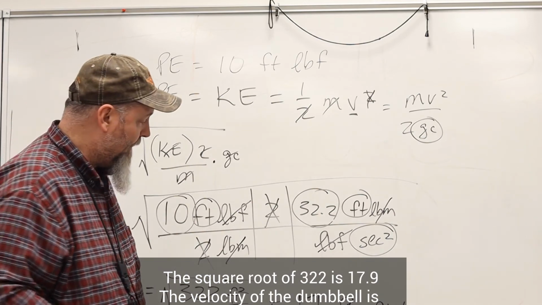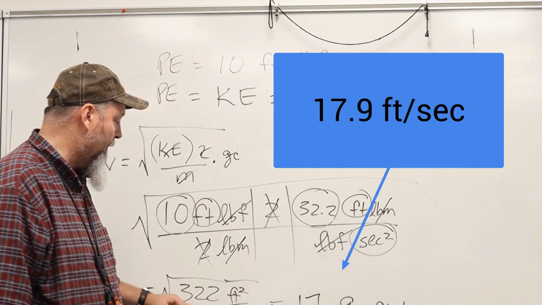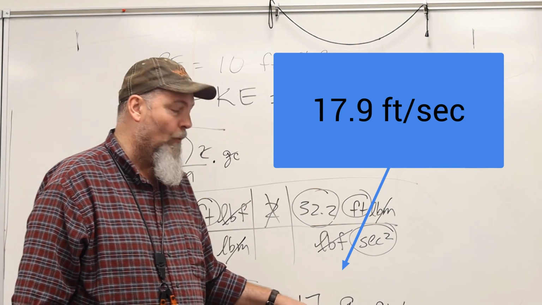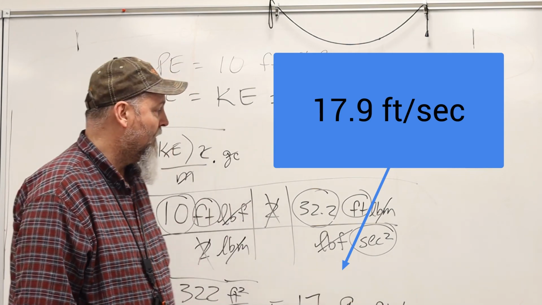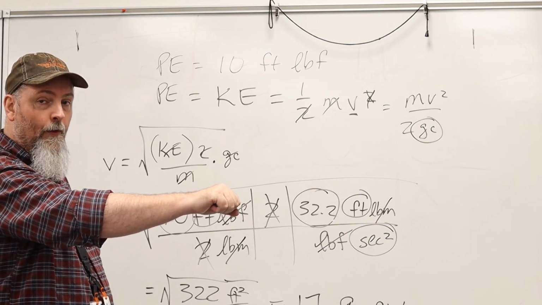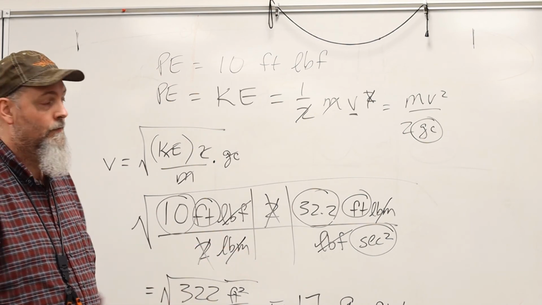If you can't see that in the video, I will put it on the screen. The answer, square root of 322 feet squared per second squared, is 17.9 feet per second. That's the velocity of that 2-pound dumbbell that we let go of right before it hits the ground, assuming no air resistance.